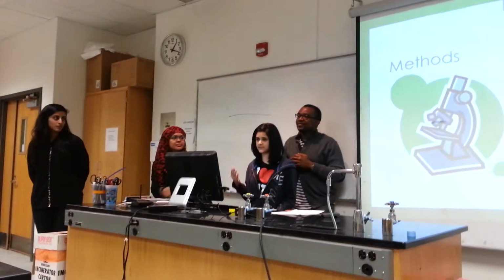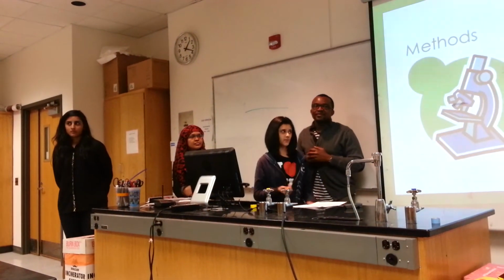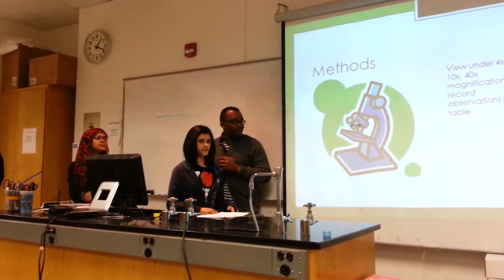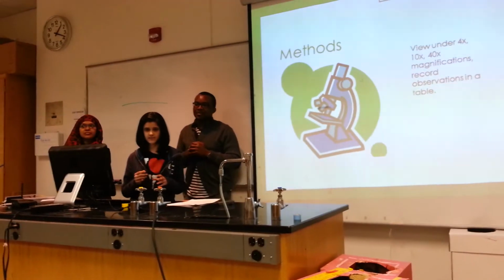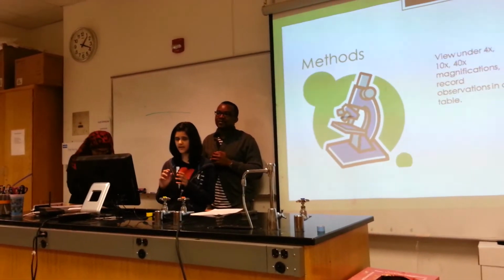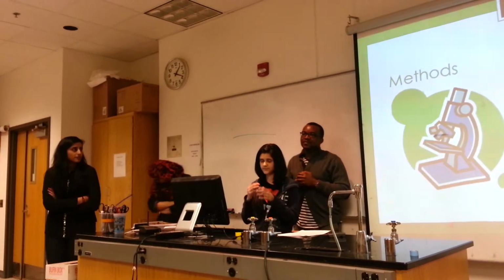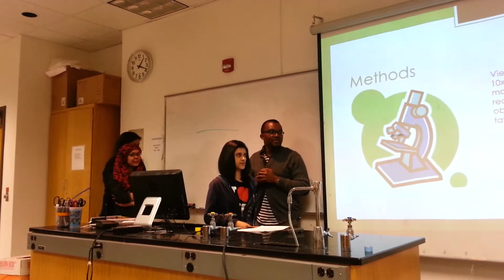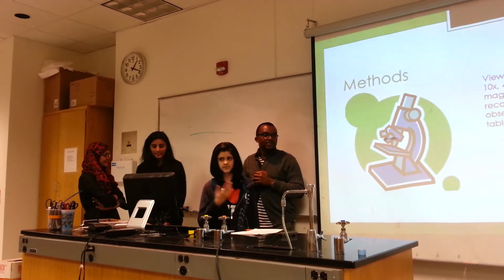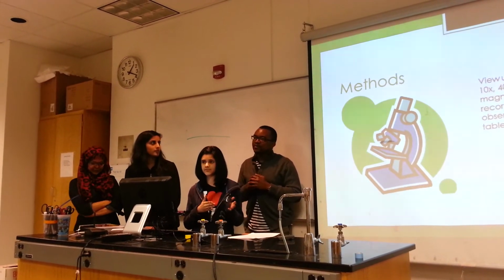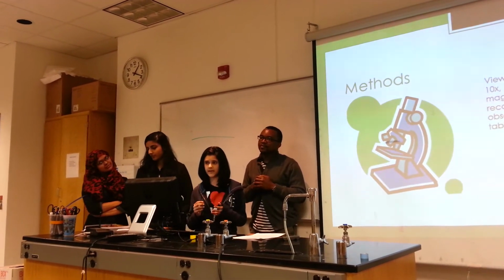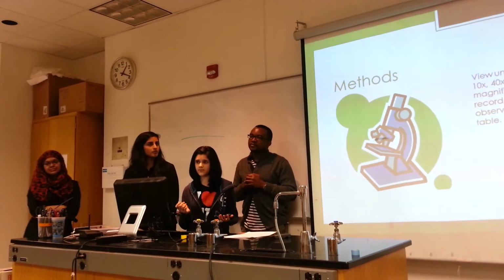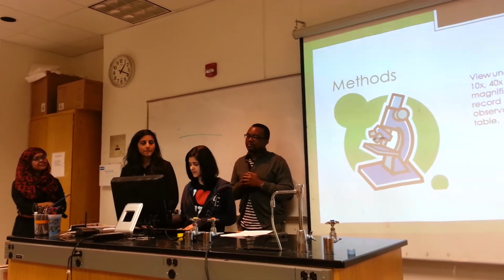And fine adjustment is used to focus in. So first you do a coarse adjustment until you can kind of see the image, and then the fine adjustment knob helps you focus. You do this with each magnification, and what you see, like if the cell shrinks or swells, you record that into a data table, or you can draw a picture.